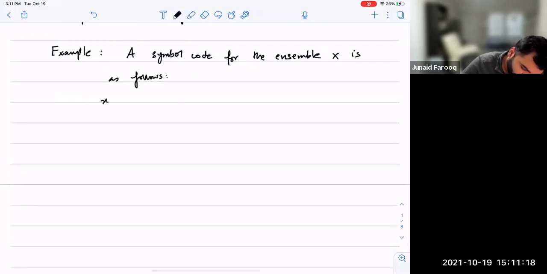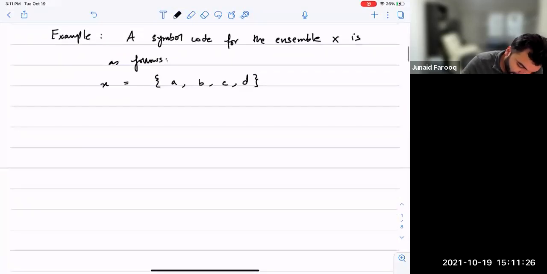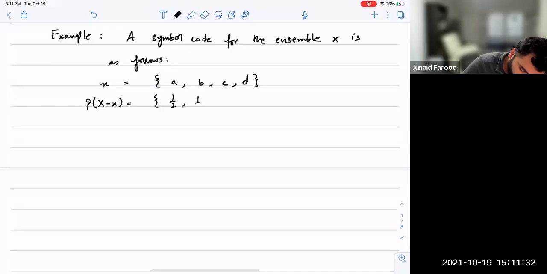If X can take the values A, B, C, and D, these are source symbols, and their probabilities are 1/2, 1/4, 1/8, 1/8.